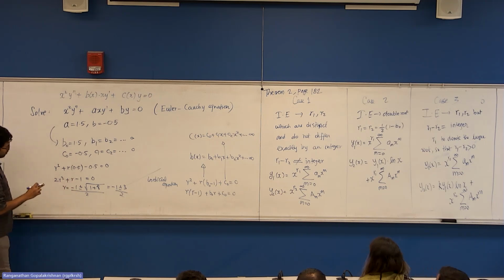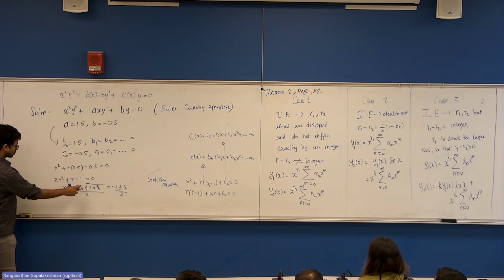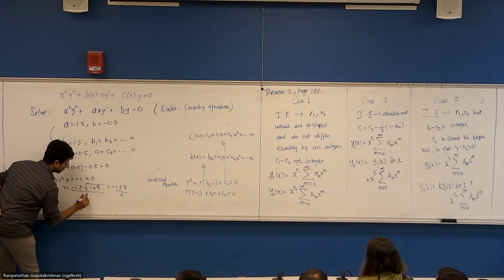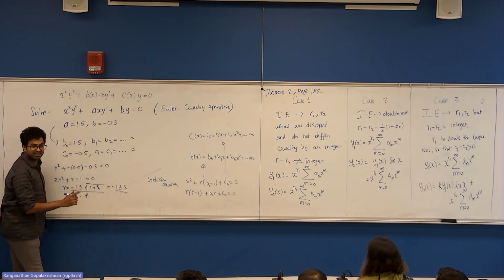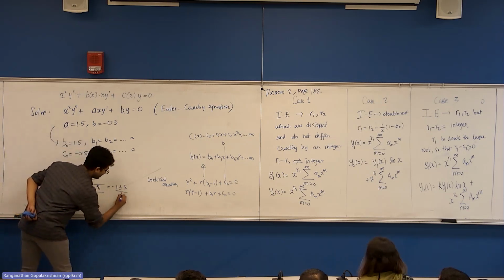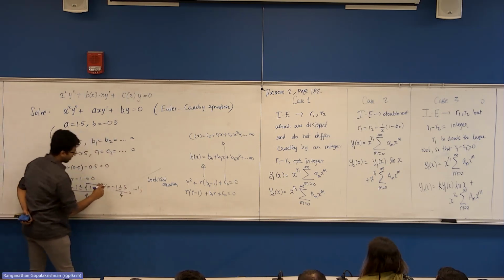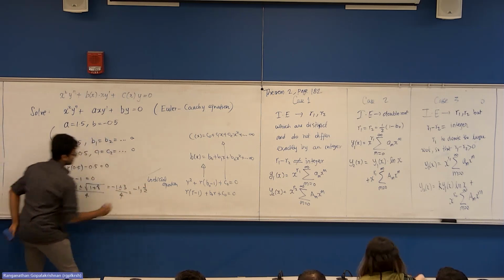Minus 1 and a half. Okay. 4ac, 4a times c. So square root of 9 is 3, minus 1 plus or minus 3 divided by 4. Thank God I'm not taking any of these. So this is minus 1 or 1 over 2.